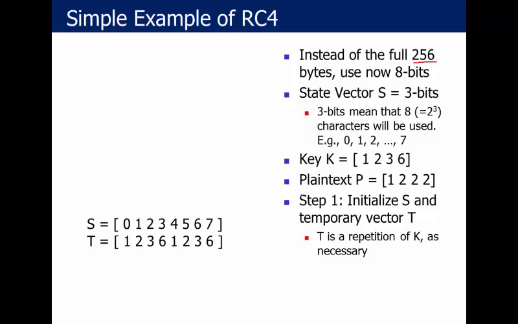And also the given key is 1236, okay, 1236. Because we use only 8 bits, and the given key is 4 bits, we repeat the 4 bits to fill the 8-bit long space.